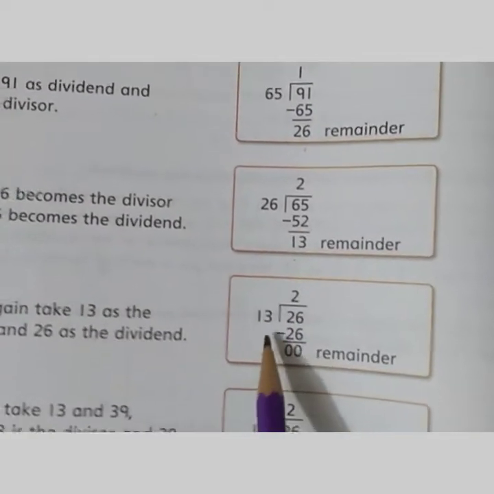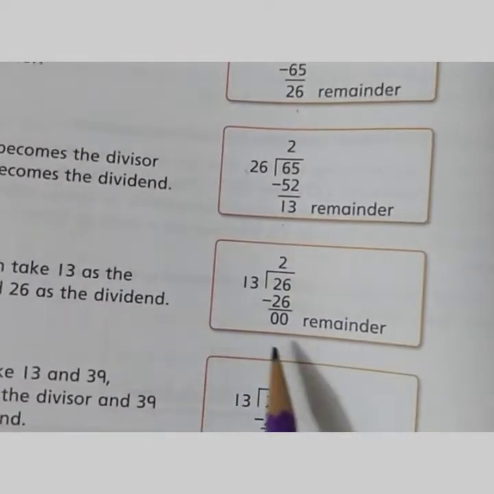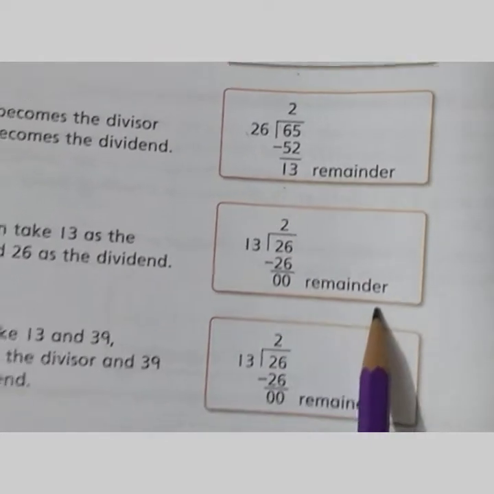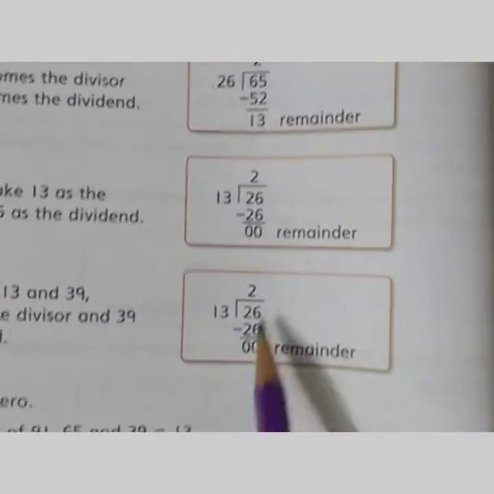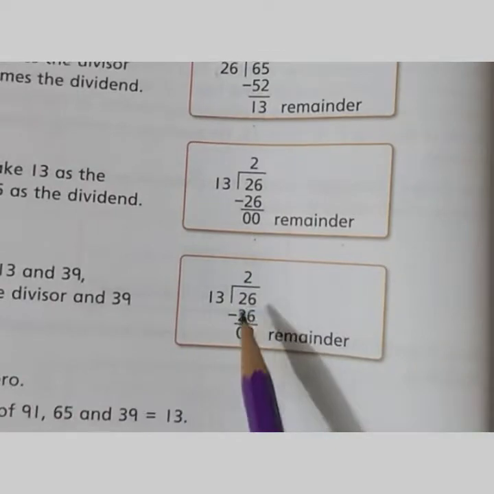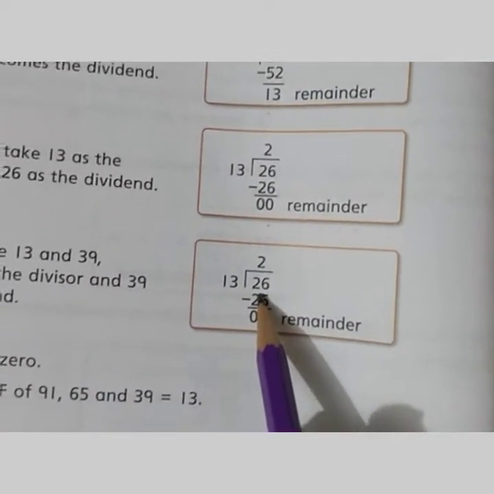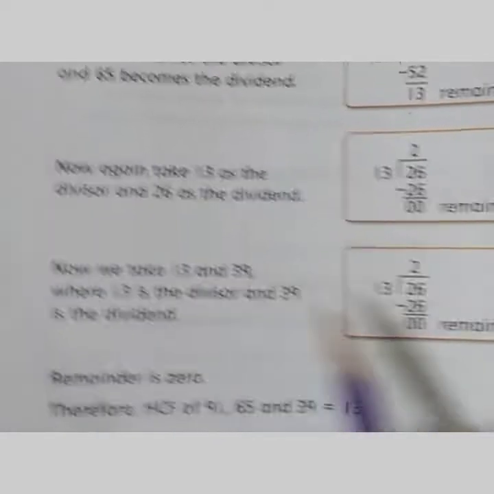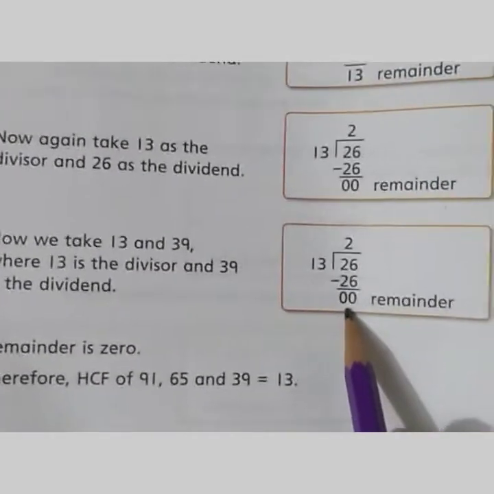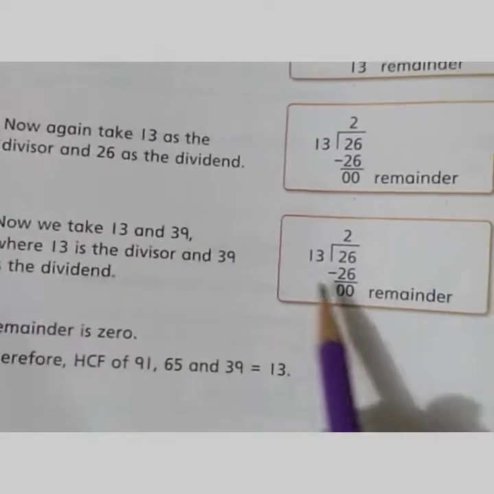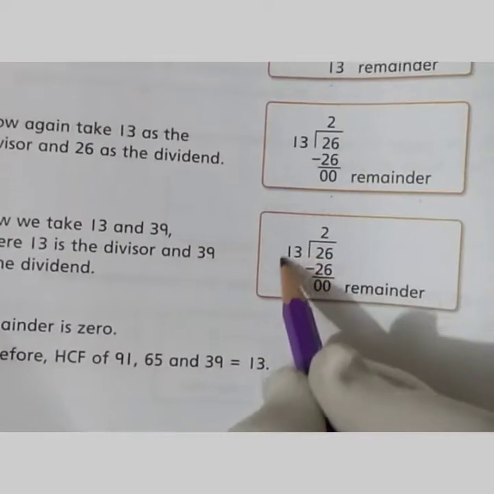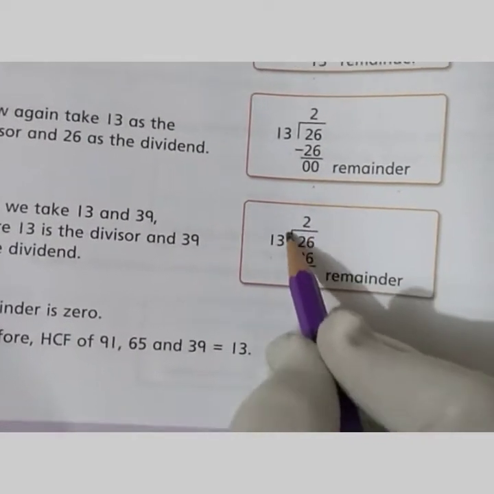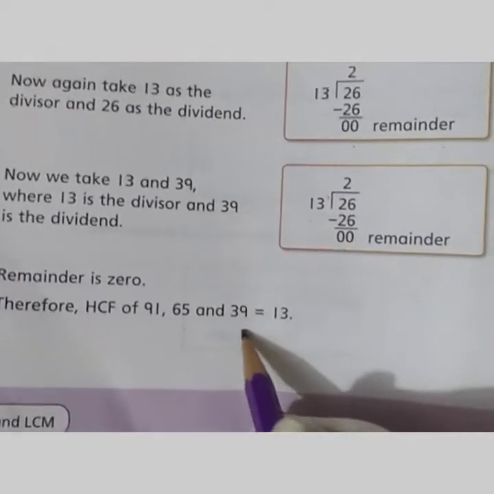With 13, again we divide 26, and we have no remainder. So, at the end, the final divisor, 13, is the HCF of 91, 65 and 39.